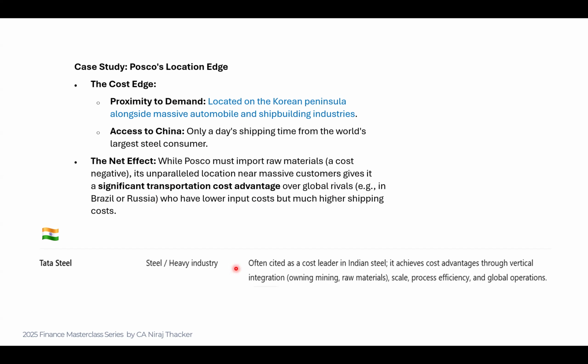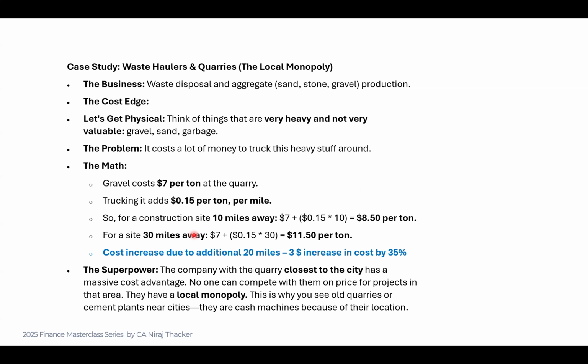Again, the India example is Tata Steel, the lowest cost steel producer because they have their own mines. If you do a little bit of research, they are the lowest cost producer of steel, Tata Steel. One more example I have taken is a waste and hauler inquiry from the US. They supply gravel, now at $7 per ton.